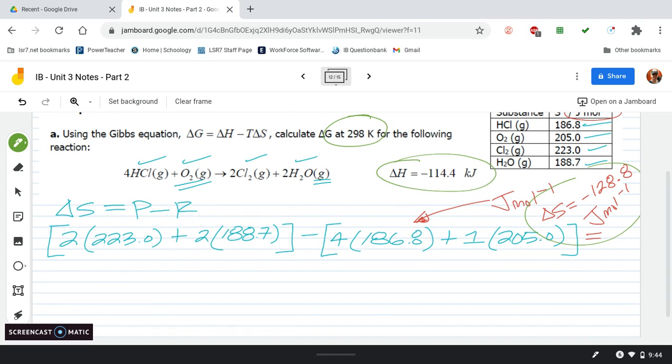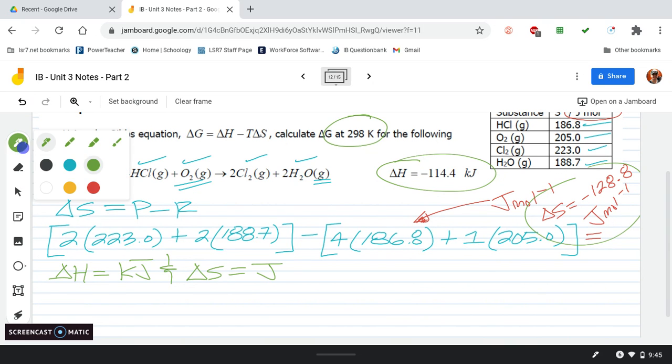Delta H is in kilojoules, and delta S is in joules. Okay, so we have to get these to be the same unit.